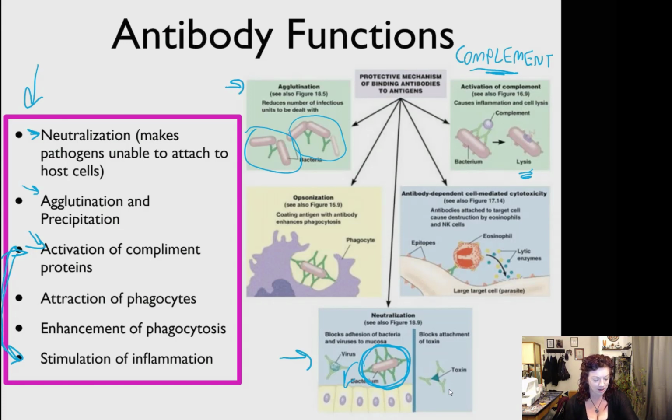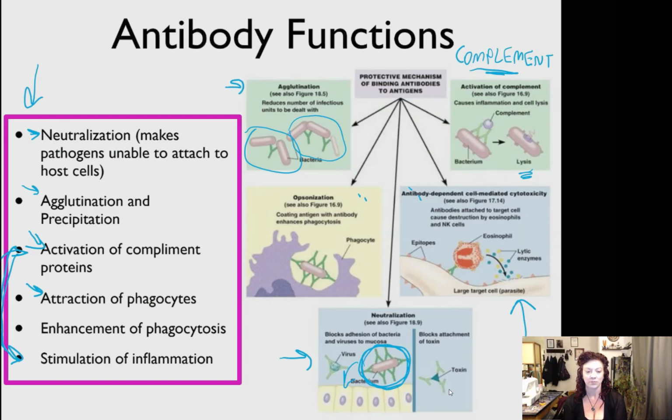All right, next up. Antibodies can help attract phagocytes. That is right here. Gonna have to look close at these two boxes because they are rather similar. Okay. Attracting phagocytes is exactly what it sounds like.